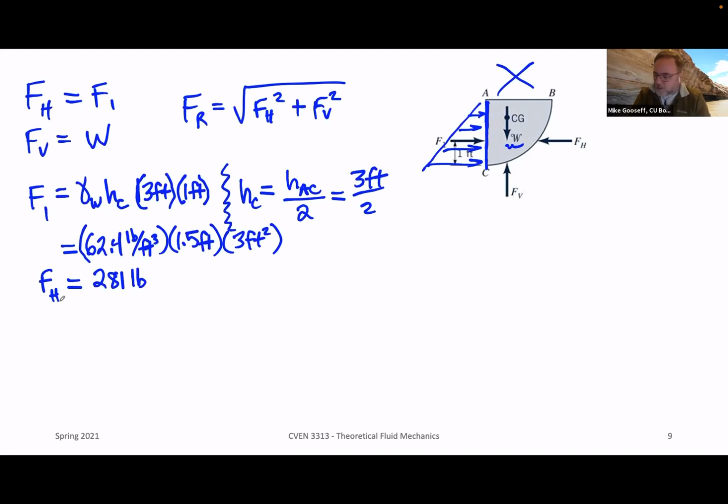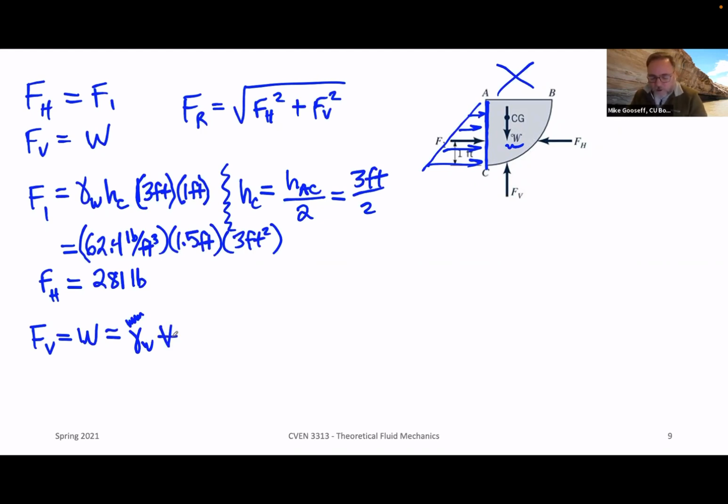All right, now what about the vertical force? In this case, the vertical force we said is equal to the weight. To figure out the weight, we need to get the total volume of water we have there and multiply it by gamma, so gamma water times the volume of water we're talking about here.